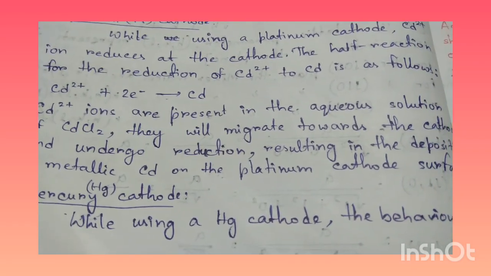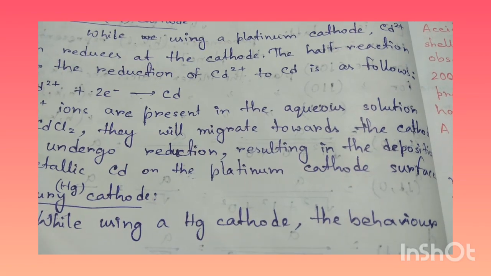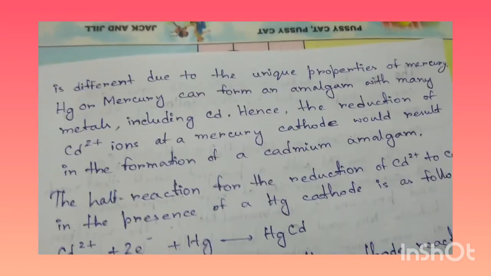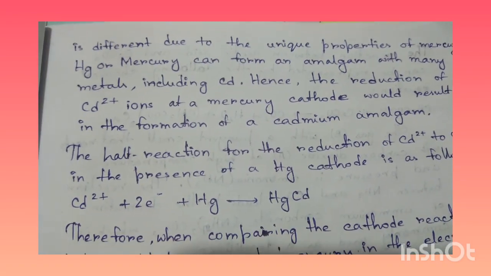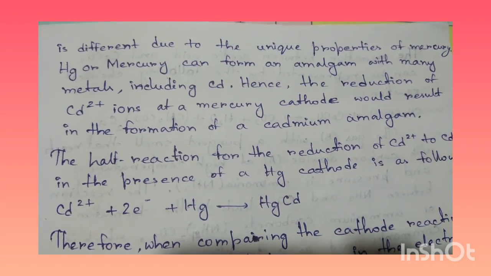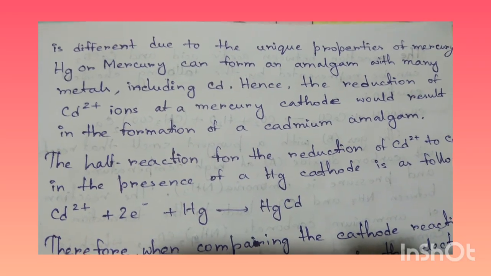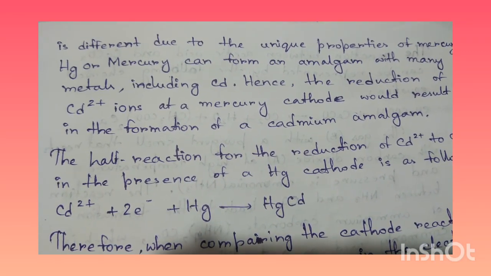Next, mercury or Hg cathode. While using a Hg cathode, the behavior is different due to the unique properties of mercury. Hg is a liquid metal and can form an amalgam with many metals including cadmium.